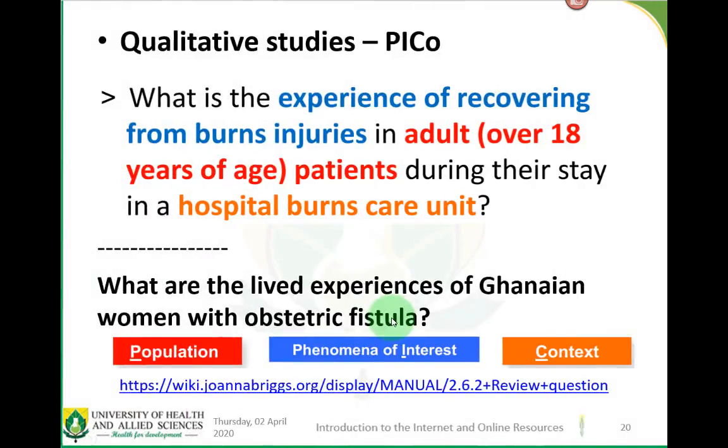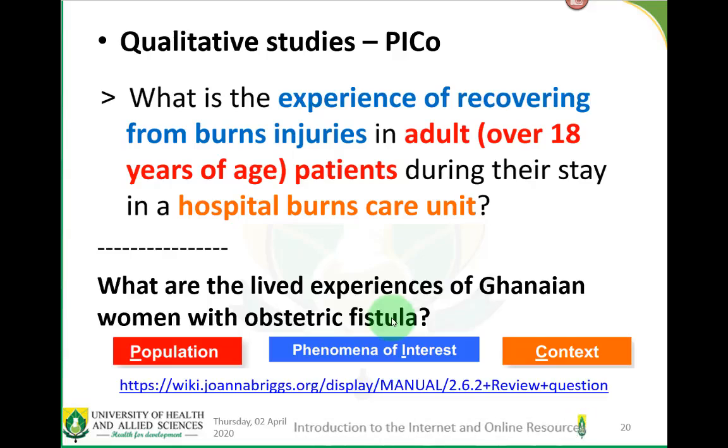Qualitative studies use the second PICO, that's the PICo with a capital P and I and a small o, standing for context, not comparator and outcome. For example, with the JBI, they asked, what is the experience of recovering from burns injuries in adults, that is patients over 18 years of age, during their stay in a hospital burns care unit? Now you can see by the color codes that the orange, which is hospital burns care unit, is the context.